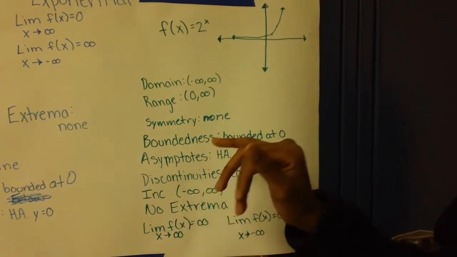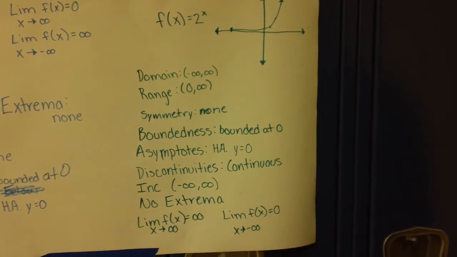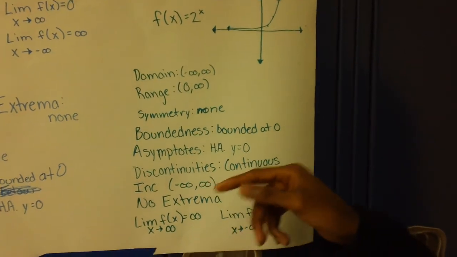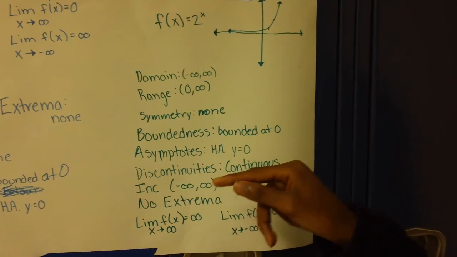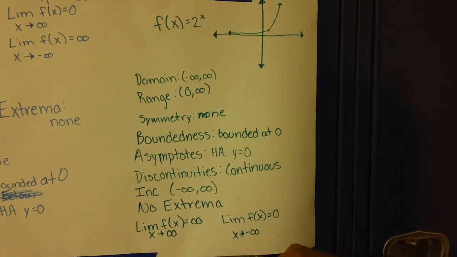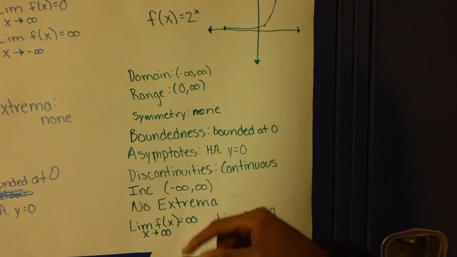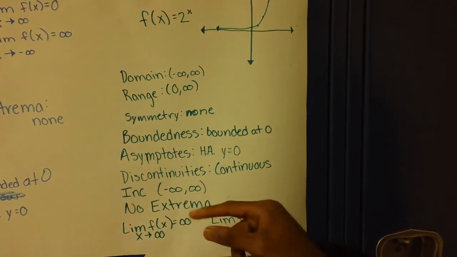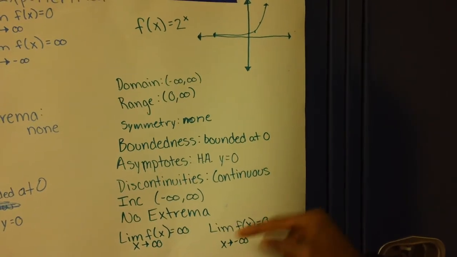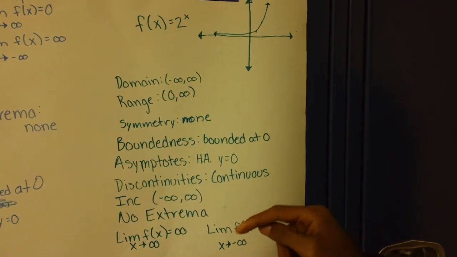It has a horizontal asymptote of y equals 0. It is continuous. It increases from negative infinity to infinity. And the limit of f of x, where x is approaching infinity, is infinity. And the limit of f of x, where x is approaching negative infinity, is 0.